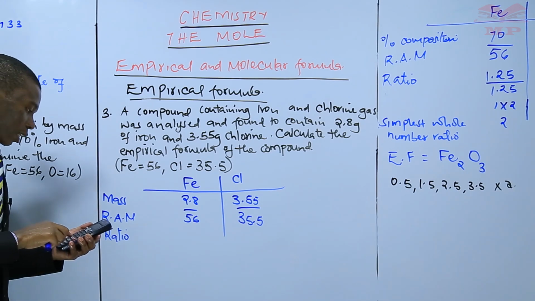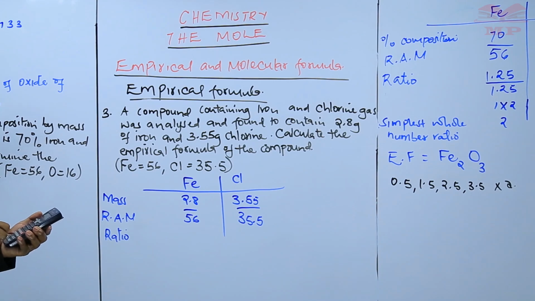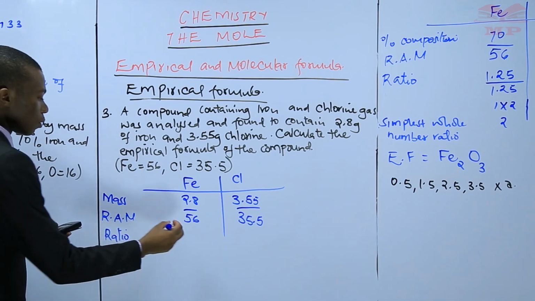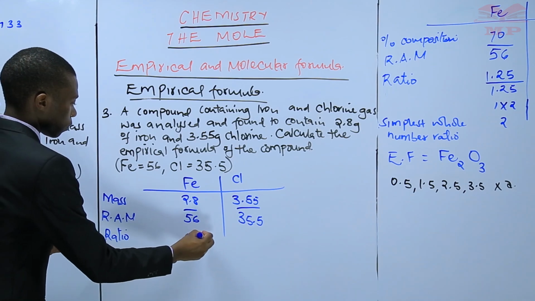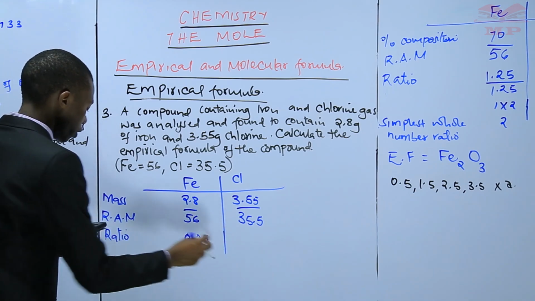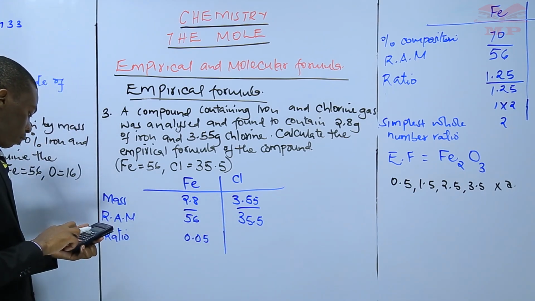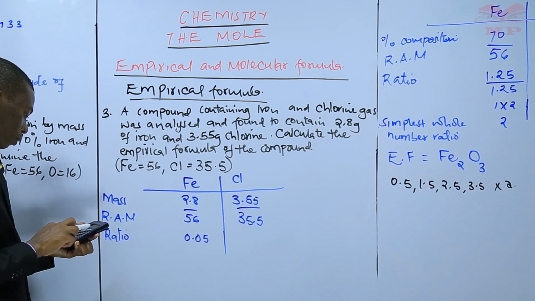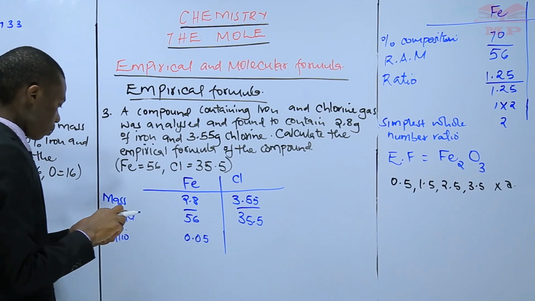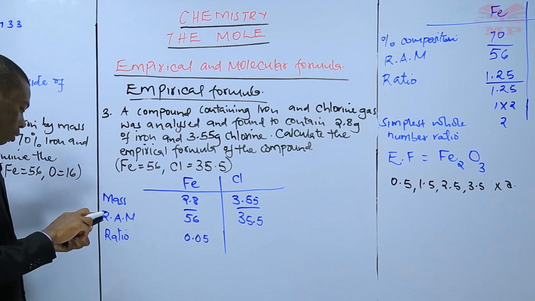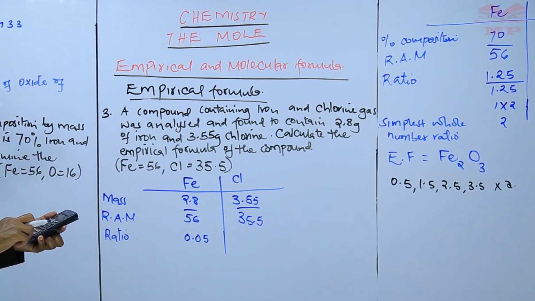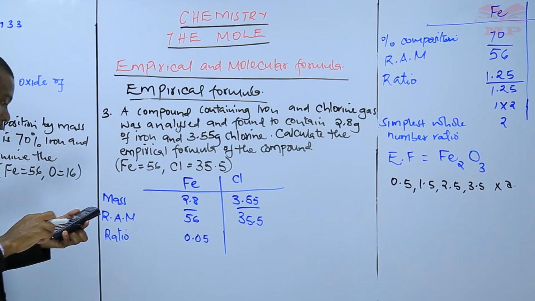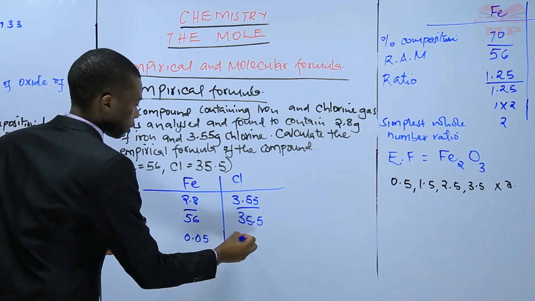First is 2.8 divided by 56. This gives you 0.05. And 3.55 divided by 35.5 gives you 0.1.